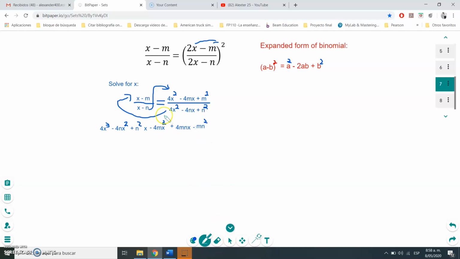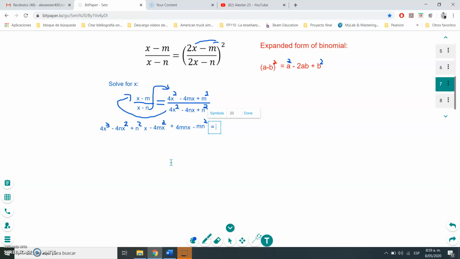Now we already solved the first multiplication, this by this. Now let's solve the second multiplication, x minus n times all of these. We are going to solve this at once. After multiplying x minus n times this, we get the following answer.